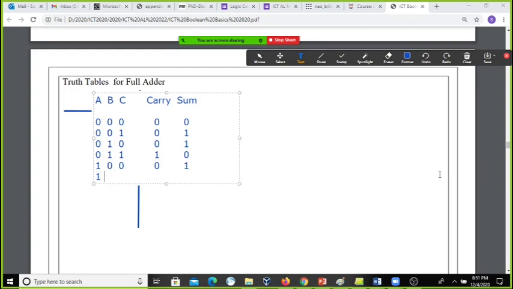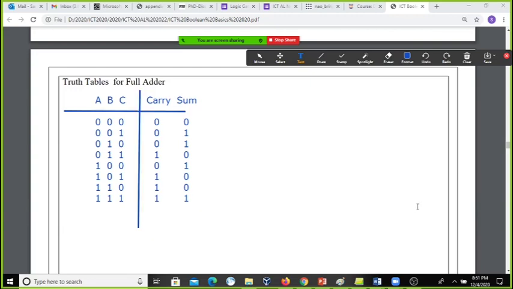And when you add them together, 1 plus 1 is 2. 2 means how much? 1, 0. Then here inputs are 1, 1, 1. When you add them together, the answer is 3. 3 means 1 and 1. So this is the table you get.